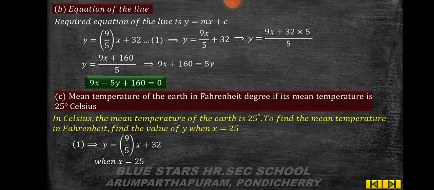When you substitute x is equal to 25, you get 9 into 5 plus 32, because if you substitute x is equal to 25, the 25 and 5 get cancelled, meaning you get 5 times.